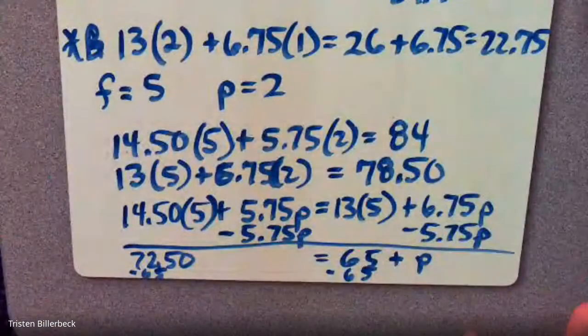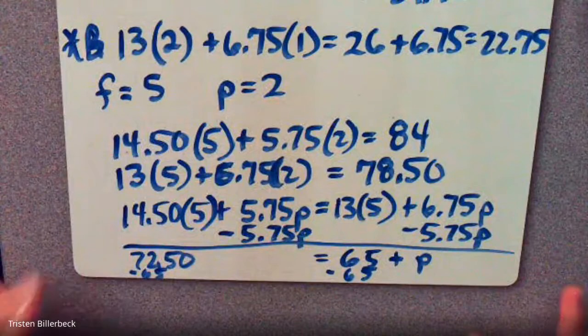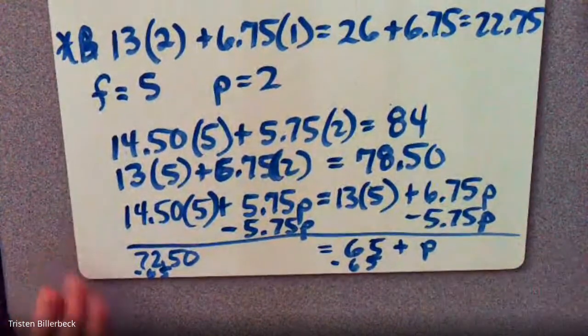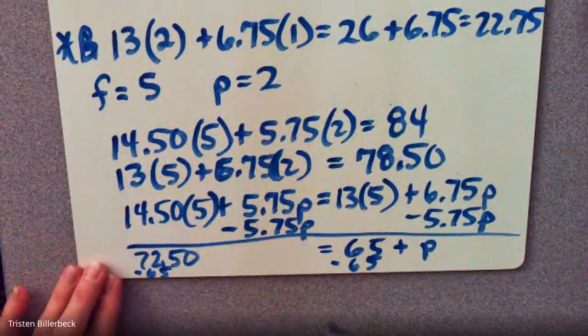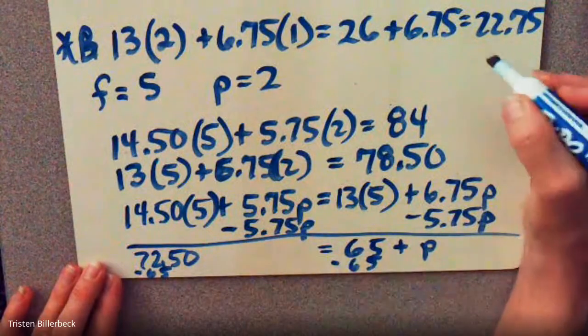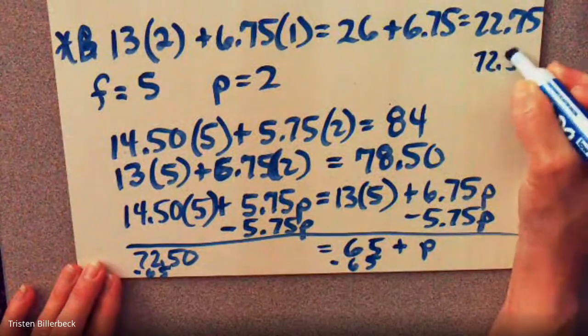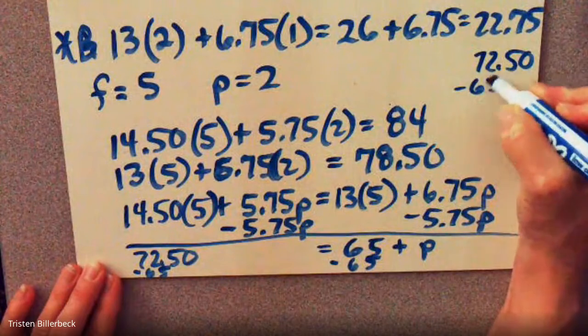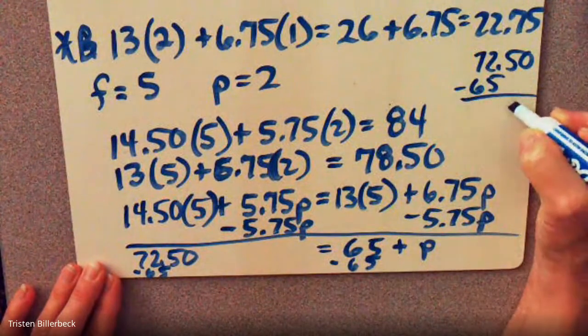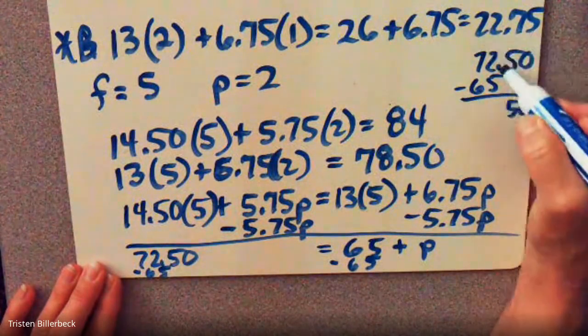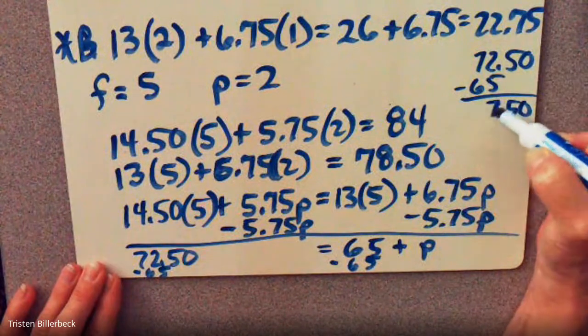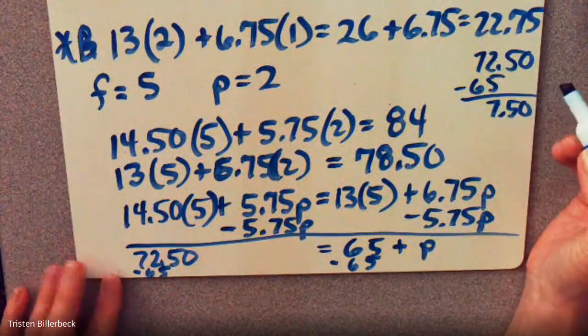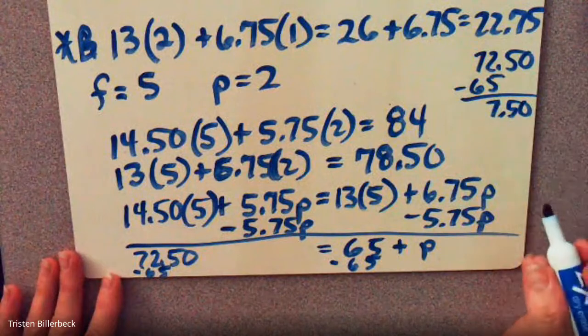So we have 72.50 minus 65, and that's going to give us 7.50, so 7.5.